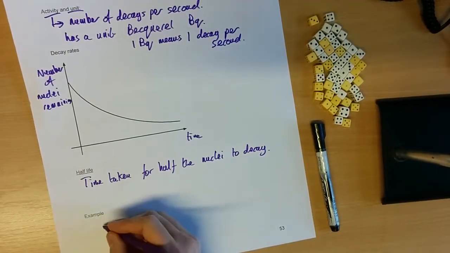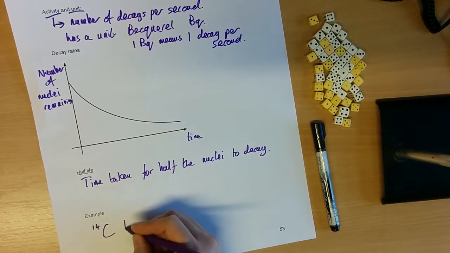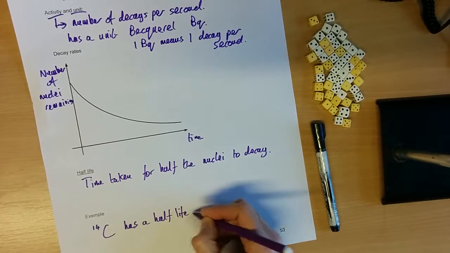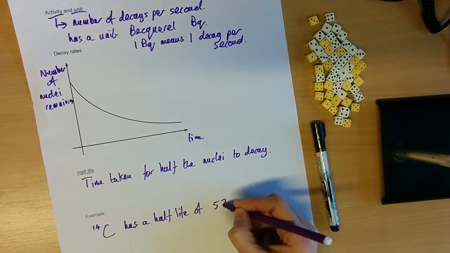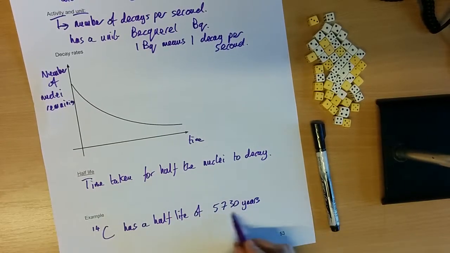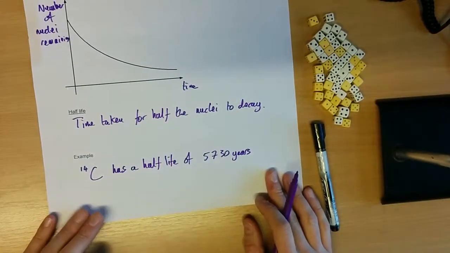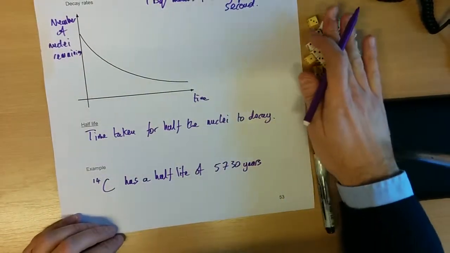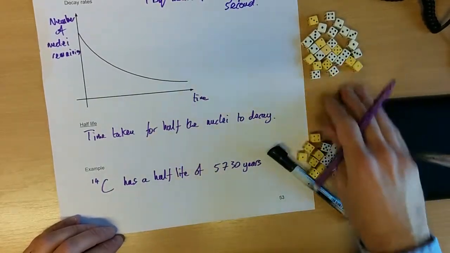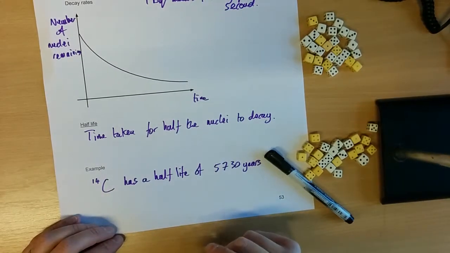So, for example, carbon-14 has a half-life of 5,730 years. After 5,730 years, if I had all of these carbon-14 nuclei, half of them would decay, and this half will remain radioactive.